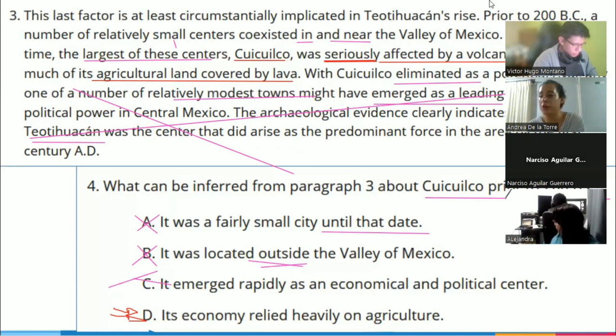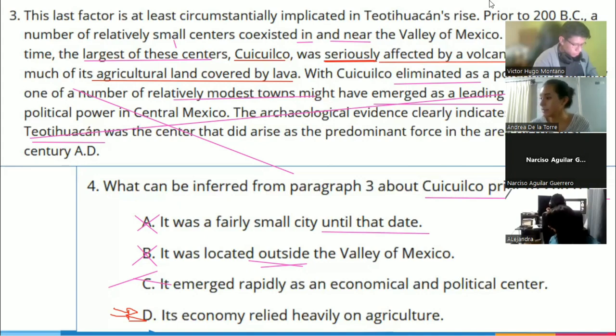So obviously, if a volcano comes and destroys all your land, and you depend on agriculture, then that's not going to turn out good for you, right? So option D is the correct one. Their agricultural land was covered by lava, and that's the reason why they were so affected. And why is that? Because they relied heavily on agriculture. It was one of the main economic forces in the city.